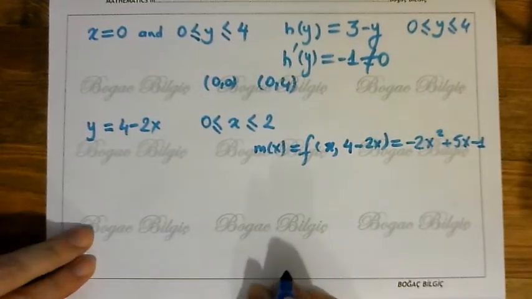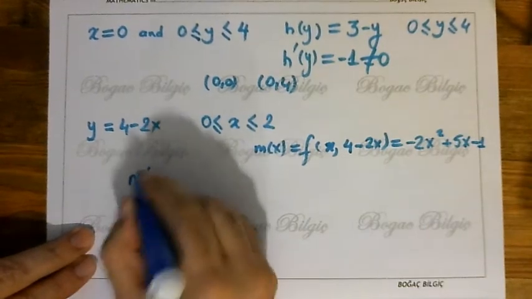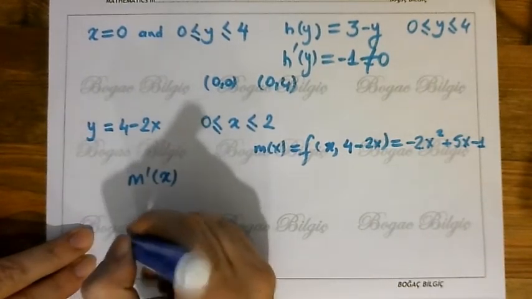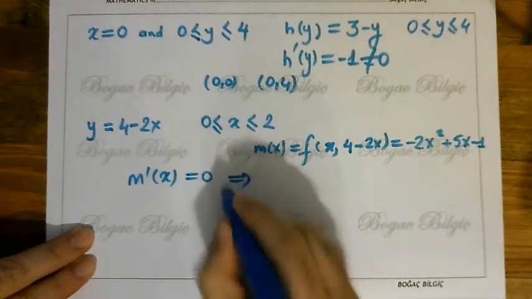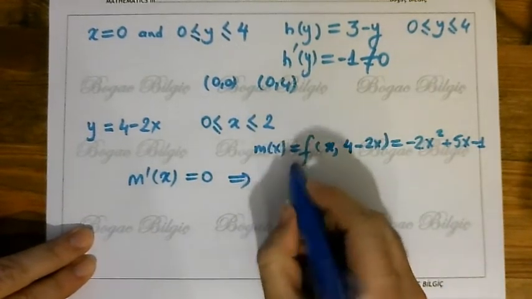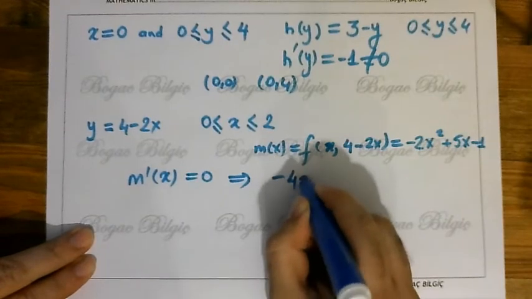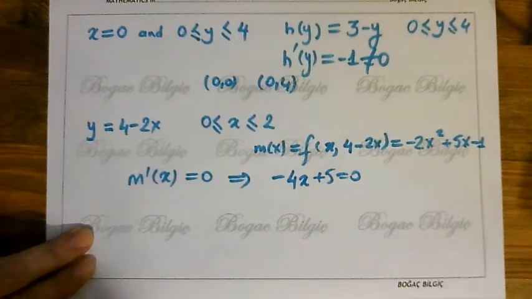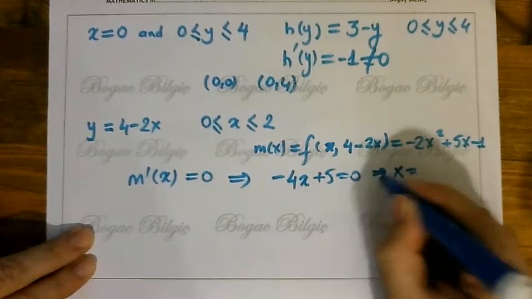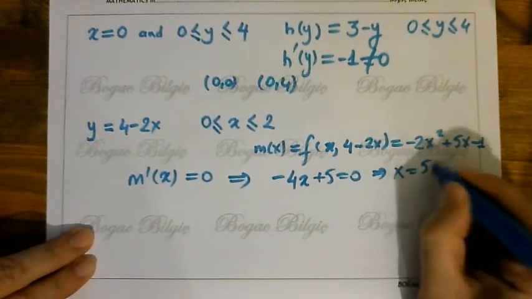Critical points are given by derivative of m function equal to 0. So, derivative minus 4x plus 5 is equal to 0. x is equal to 5 divided by 4.